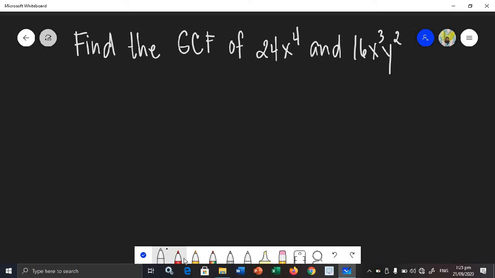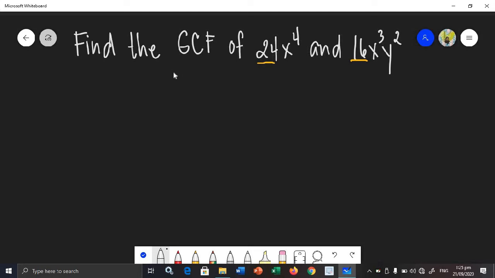So how are we going to find or look for the GCF of these two monomials? So first, of course, kuhanin muna natin yung GCF ng numbers, tsaka na yung variables. So, ano kaya ang greatest common factor ni 24 and 16?